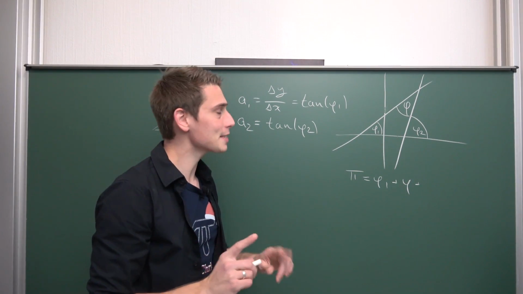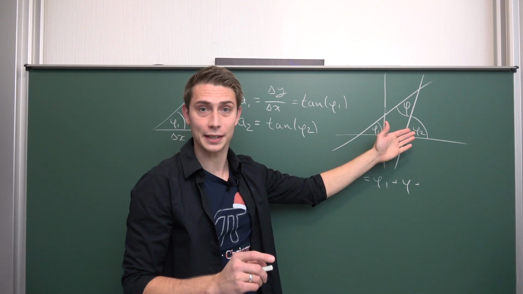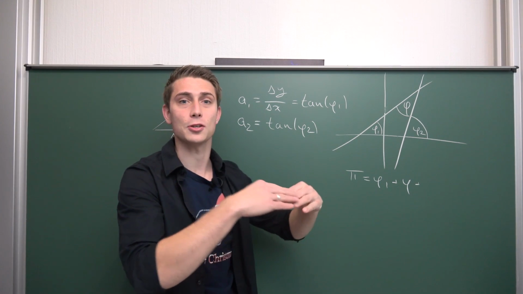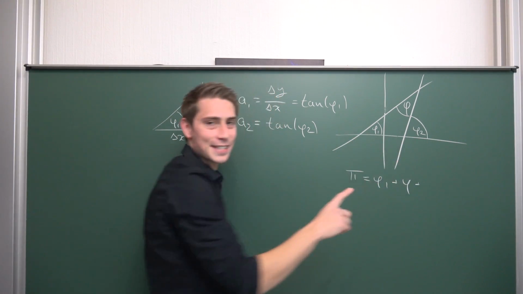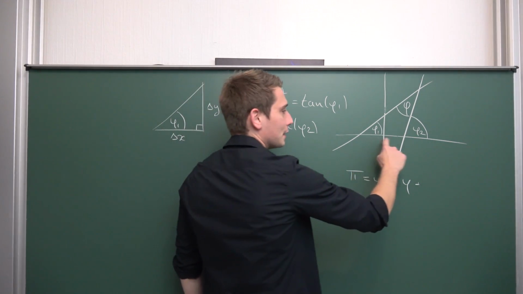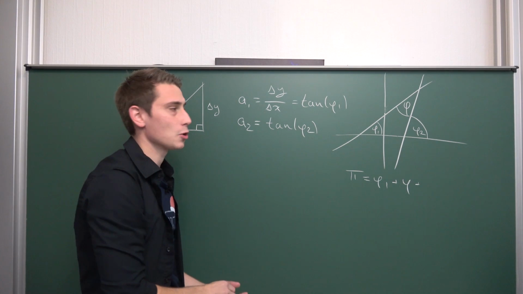Well, a good thing is our interior angle sum of a triangle is the same as the sum of the angles of a straight line, just like this line right here on the x-axis. So, the angle that is being enclosed by a straight line is also 180 degrees, so pi.